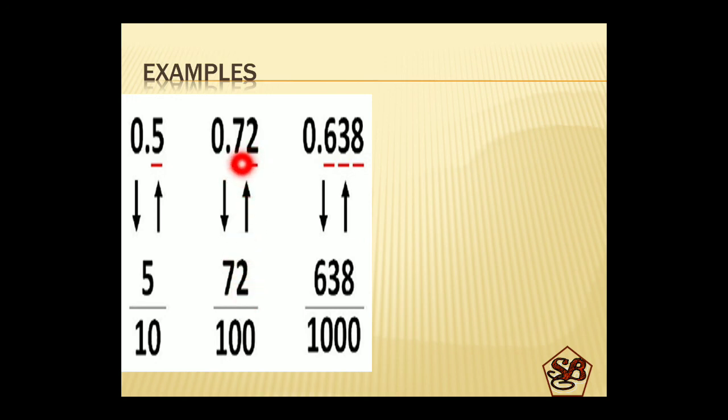Deciding the denominator, after the decimal point we have 2 digits, so our denominator will be 100, as 100 has 2 zeros in it. Moving on to next one, 0.638. So first 638 will become our numerator. Denominator will be 1000, as there are 3 digits after the decimal point.